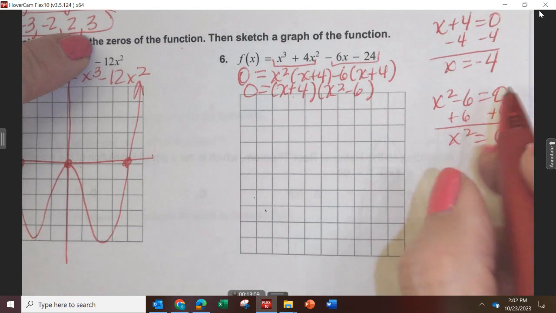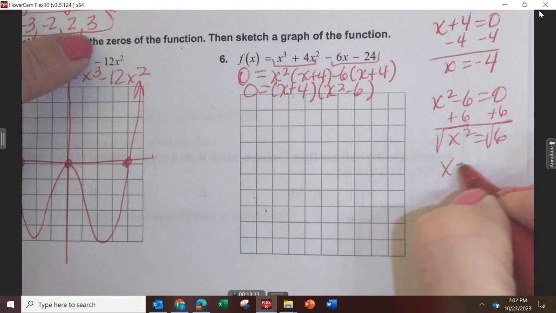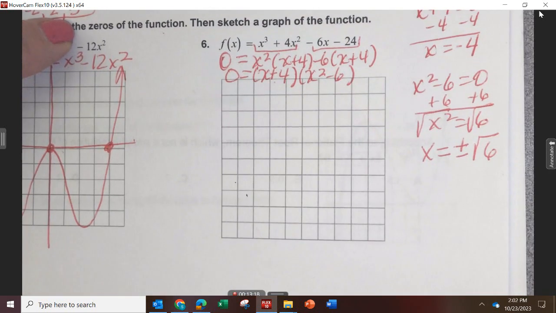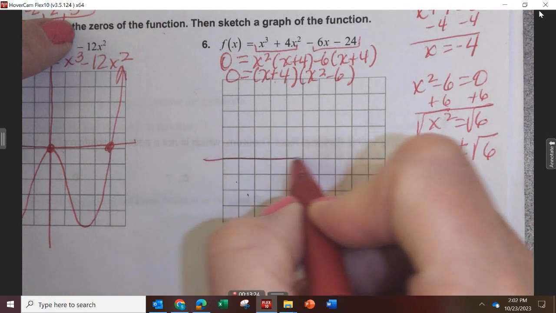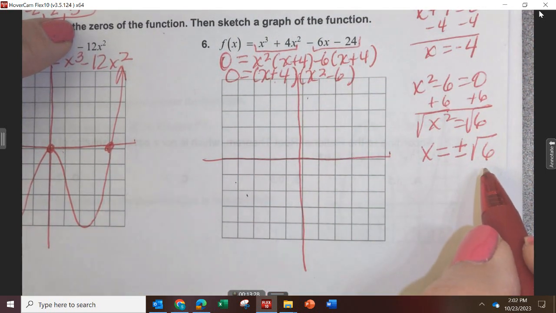Take the square root. And so now x is going to be equal to plus or minus the square root of 6. Now, can you approximate what the square root of 6 is about? Do you know the square root of 4? Square root of 9? So this is going to be in between 2 and 3, right?